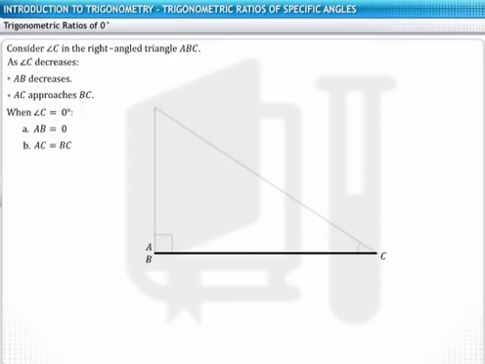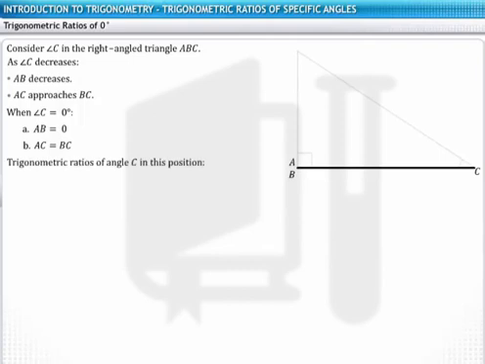Also, the length of hypotenuse AC becomes equal to the length of BC, the side adjacent to angle C.